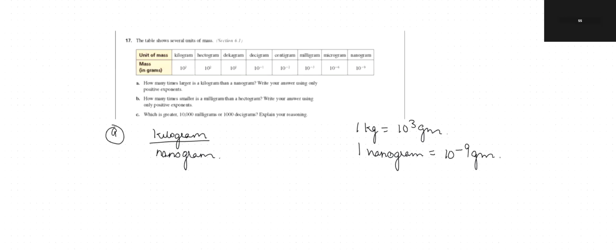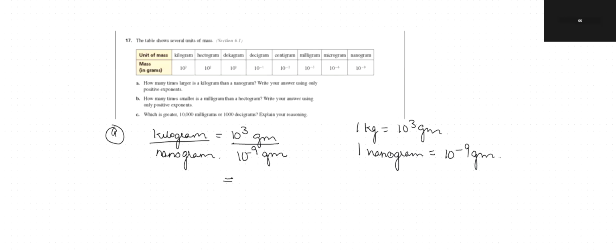So we can put 1 kilogram is equal to 10 raised to power 3 grams, and 1 nanogram is equal to 10 raised to power minus 9 grams. Both are in grams, so we can find the ratio, which will give us how many times kilogram is larger than the nanogram.